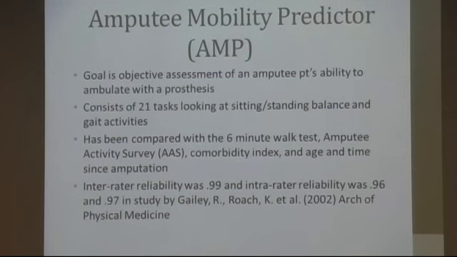Some examples of the tasks that you do with them are transferring from one chair to another, standing with arms folded across your chest, and then standing reach, kind of balance stuff. And it's been shown to have high inter and intra-rater reliability. We do have an example of it if you're curious, but it is something that we might not use here, just so you guys know that it's out there.